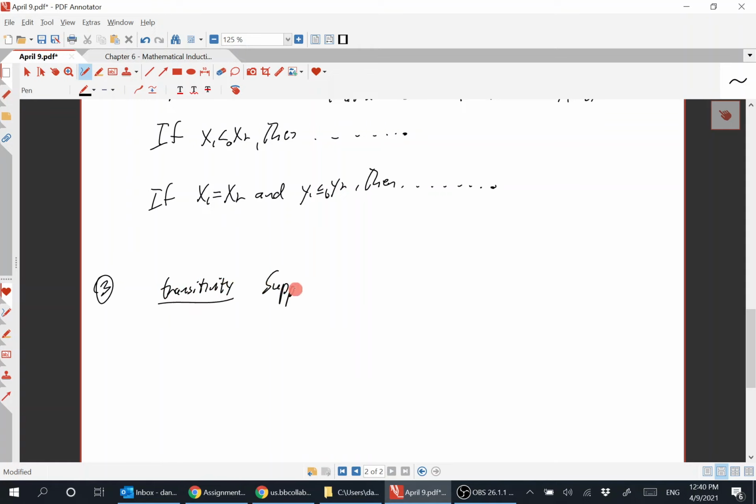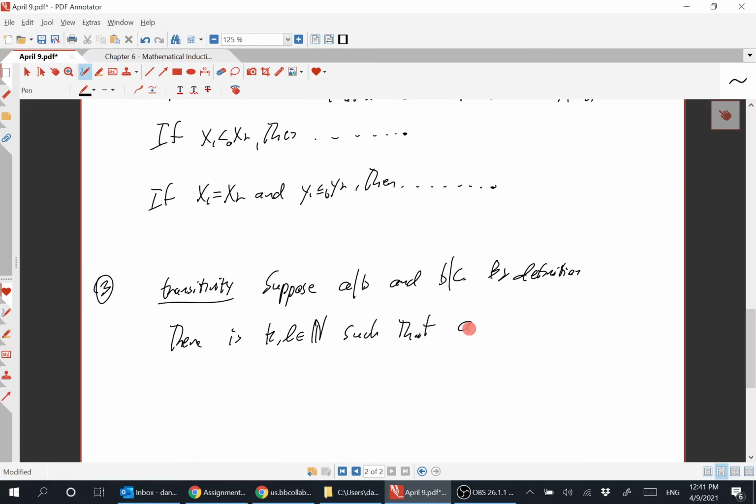Suppose A divides B and B divides C. So by definition, there are K and L in this set of integers, or natural numbers, such that AK equals B and BL equals C. And now do some substitutions.